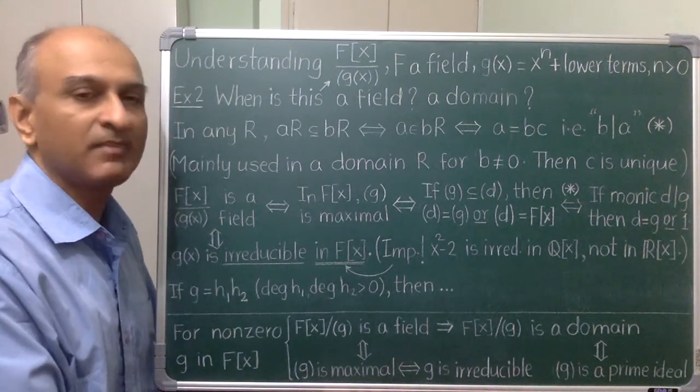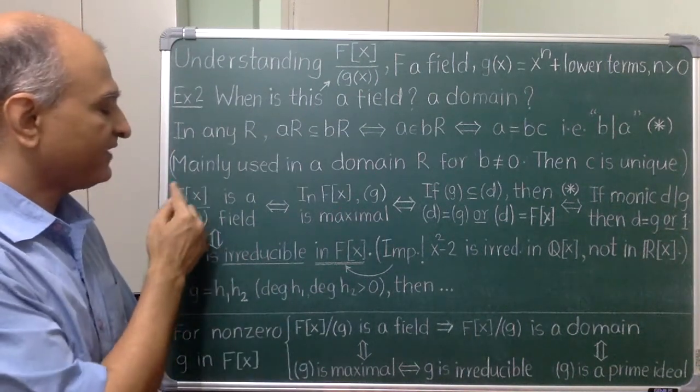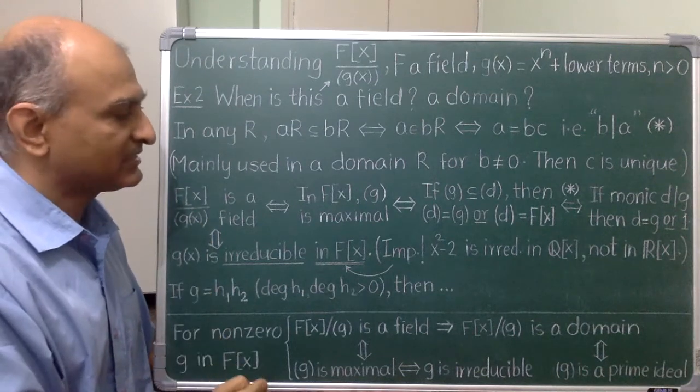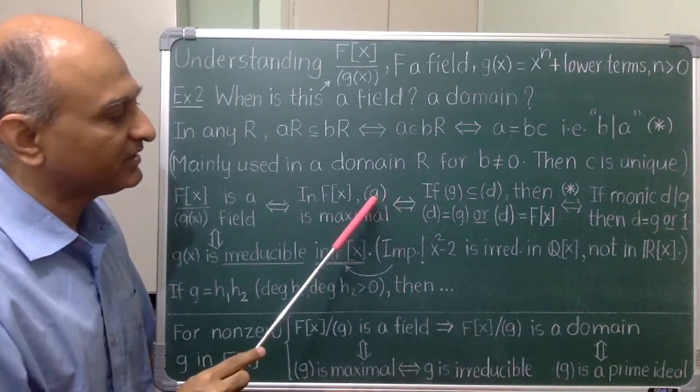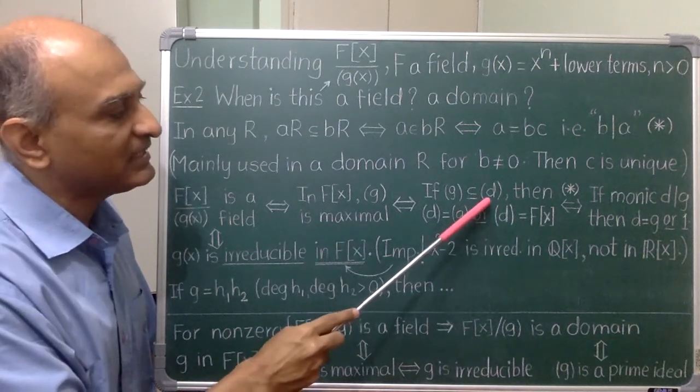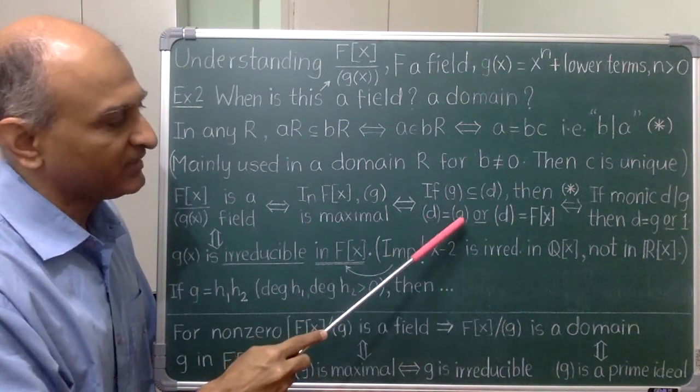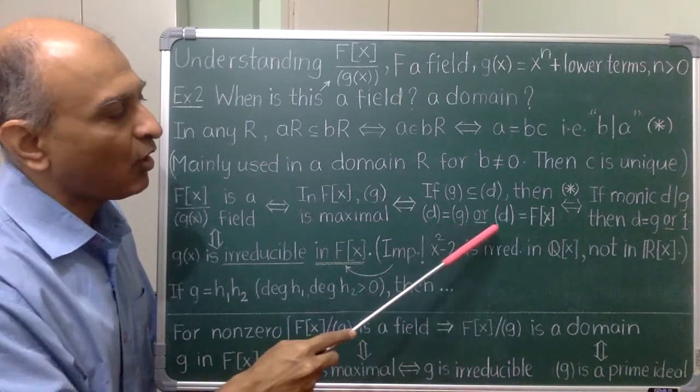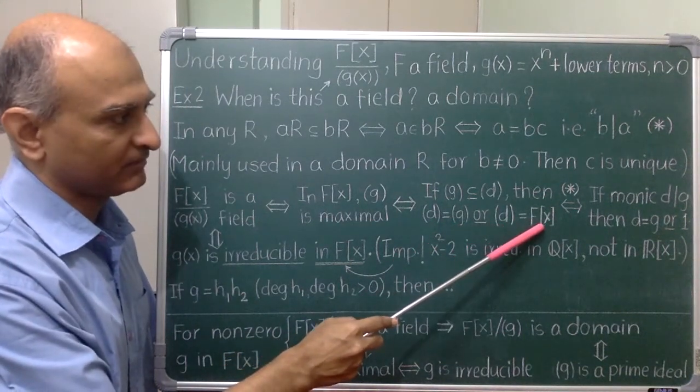So let's see how the remark helps. F[x] mod g is a field exactly when the ideal generated by g is maximal. That means that any ideal containing this one is either equal to it or the entire polynomial ring.